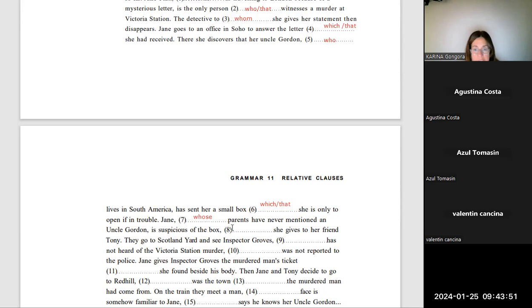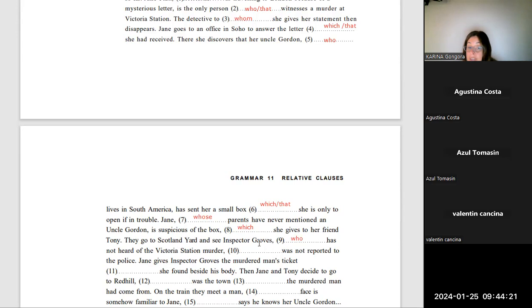So, which she gives to her friend Tony. They go to Scotland Yard and see Inspector Groves, right? Again, comma, so we cannot write that. Who has not heard of the Victoria Station murder?